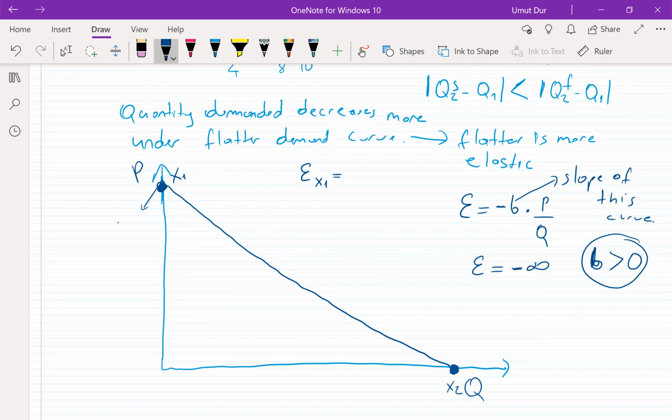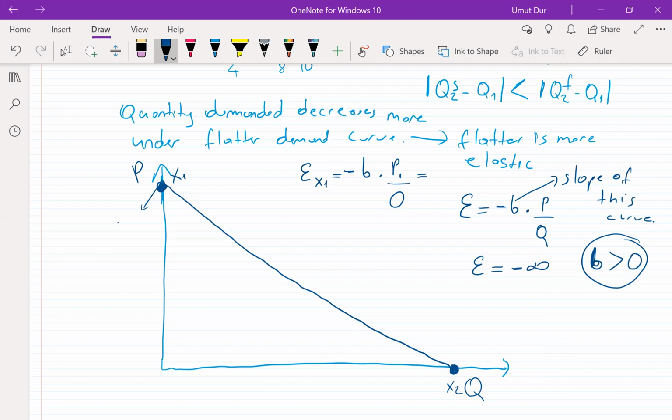It is minus b times whatever the price level, let's say p1, divided by the quantity level, which is 0.